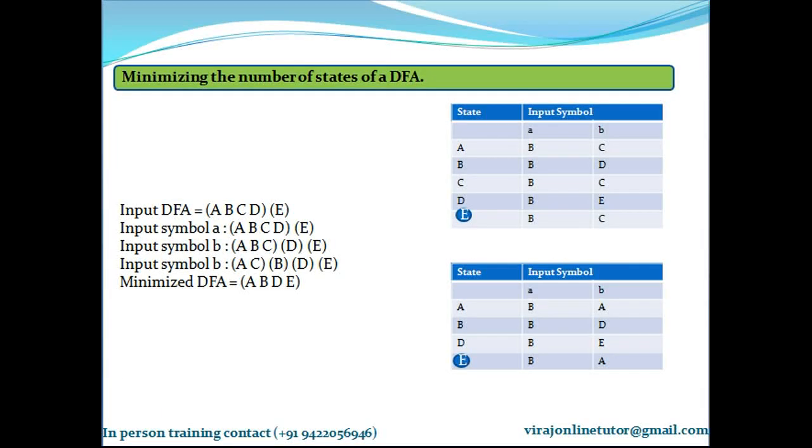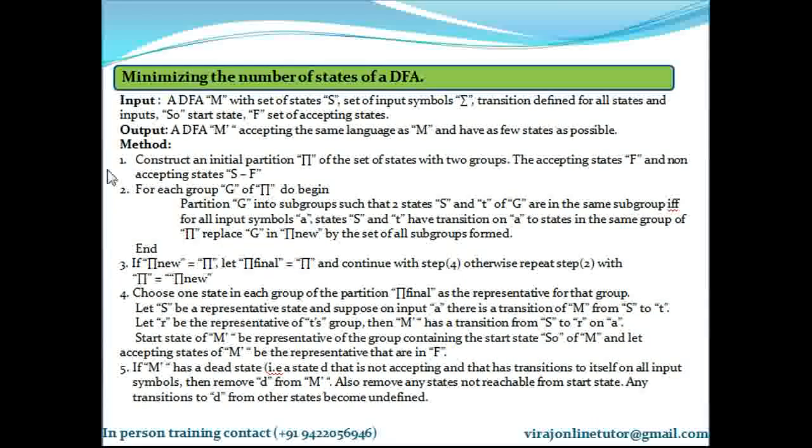I have to form two groups, a group of non-final states and a group of final states. So let's do that. The first step says: construct an initial partition pi of the set of the states with two groups, the accepting states and non-accepting states. That's what I said. The very first step, create two subgroups, a set of final states and a set of non-final states.